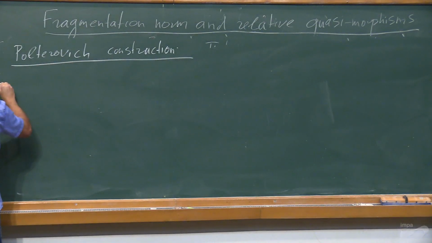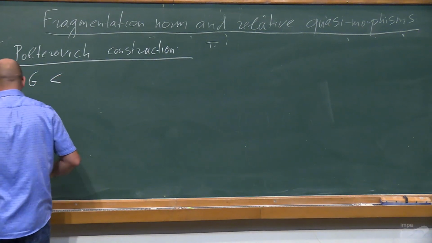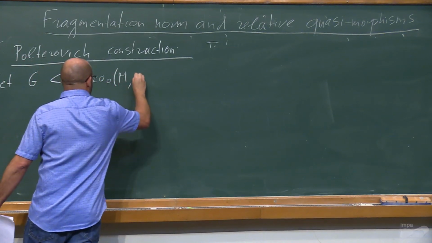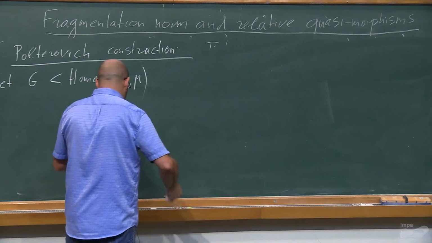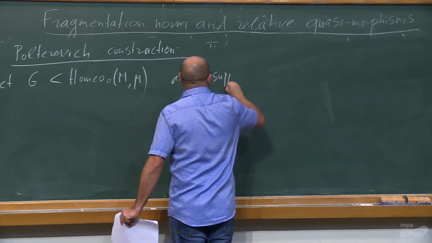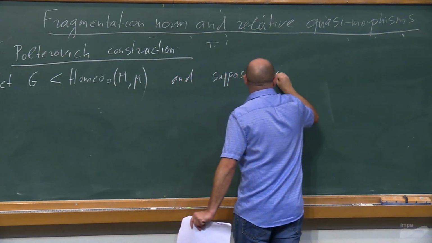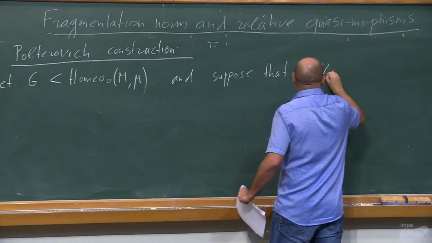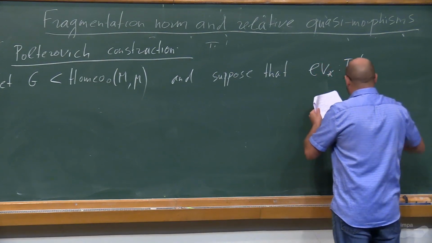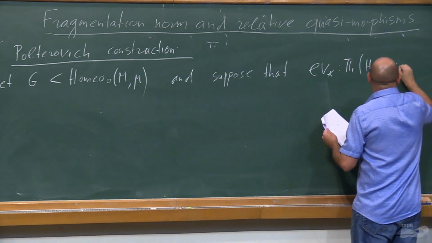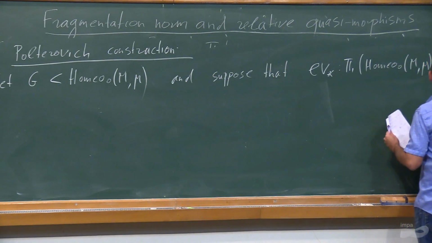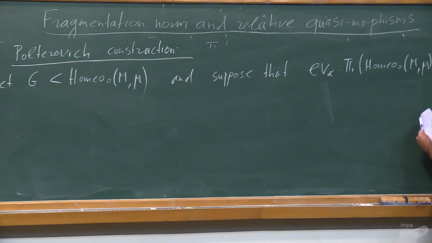Okay. So let G be a subgroup of Homeo_0(M, mu), which admits some fragmentation property, and suppose that f star from pi_1 of Homeo_0(M, mu), identity, to pi_1(M, z) is trivial.